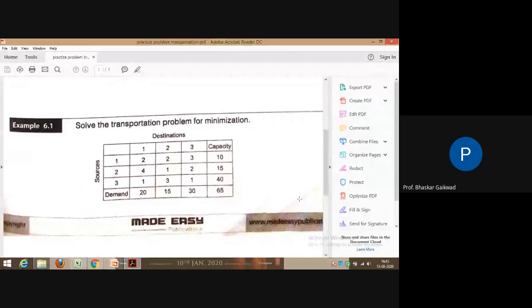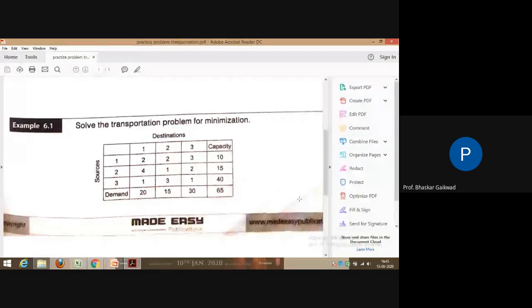Second row. Which place shall I make a square? 4, sir, 4. Okay, right. What is actually the minimum value in that? 10, sir. 10, correct. So this is the correct answer.